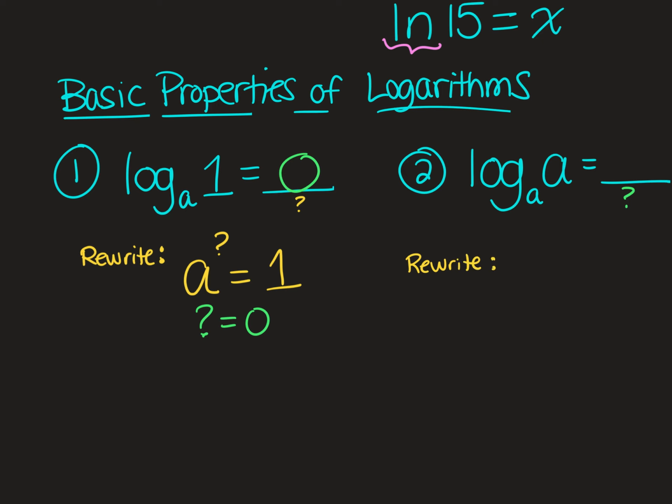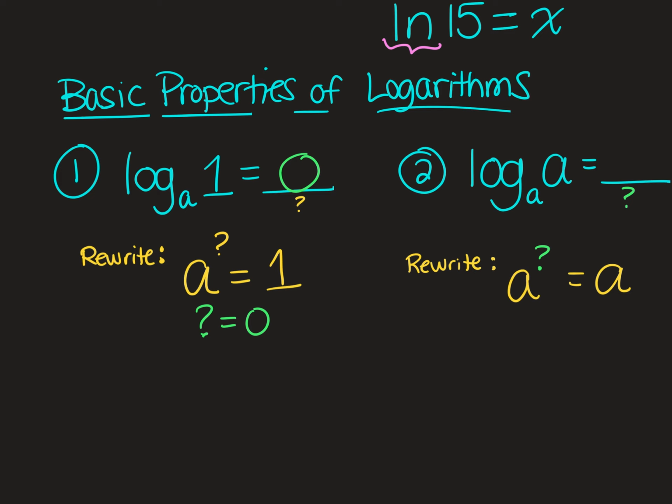If you forget what these properties are, try rewriting it and see if it helps. So if I rewrite this, the base of my logarithm is a. That's the base of my exponential expression: a to some power, because our logarithm is always equal to an exponent, will be equal to a.